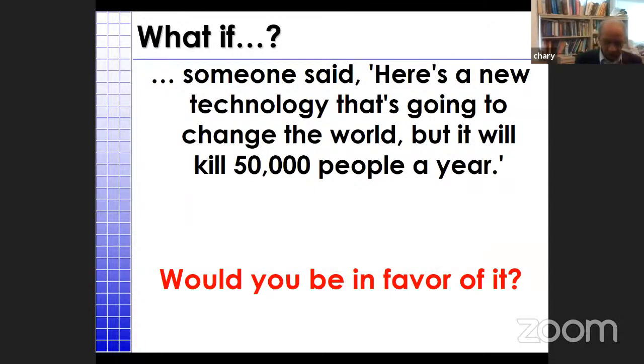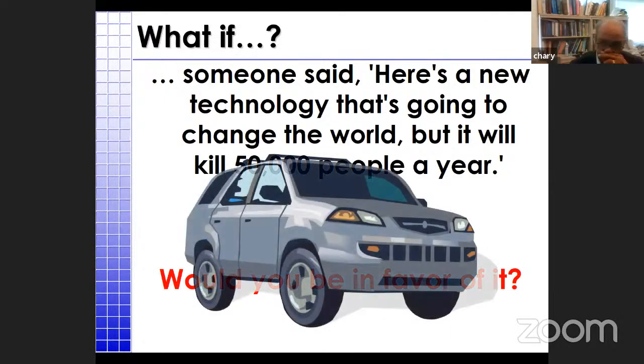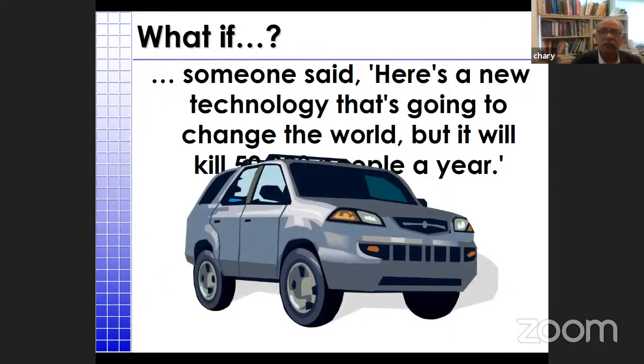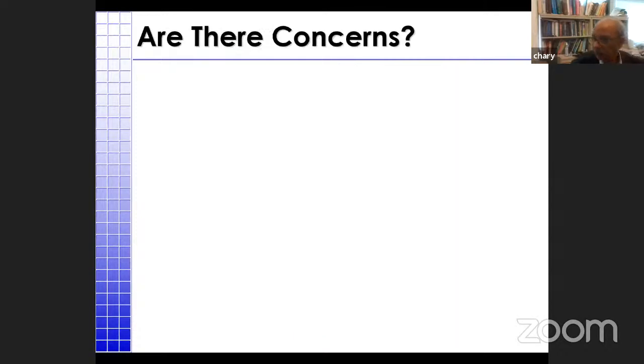Many people think, no, we can't afford to lose 50,000 people because of technological advantages. But what we sometimes forget is we still live with that kind of world. For example, an automobile kills more than 50,000 people worldwide, but we still cannot get rid of this technology. So what do we do instead? We practice safety.